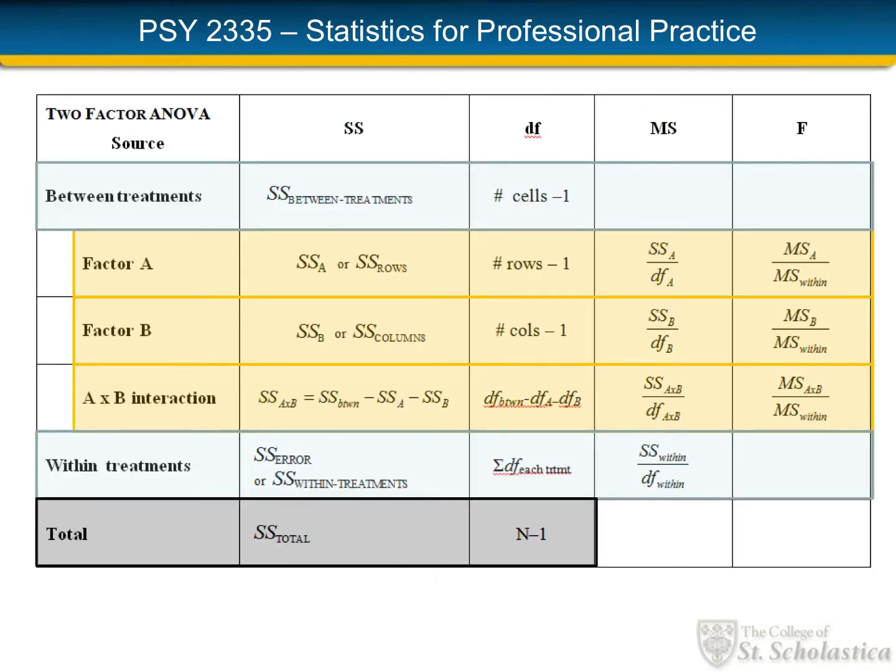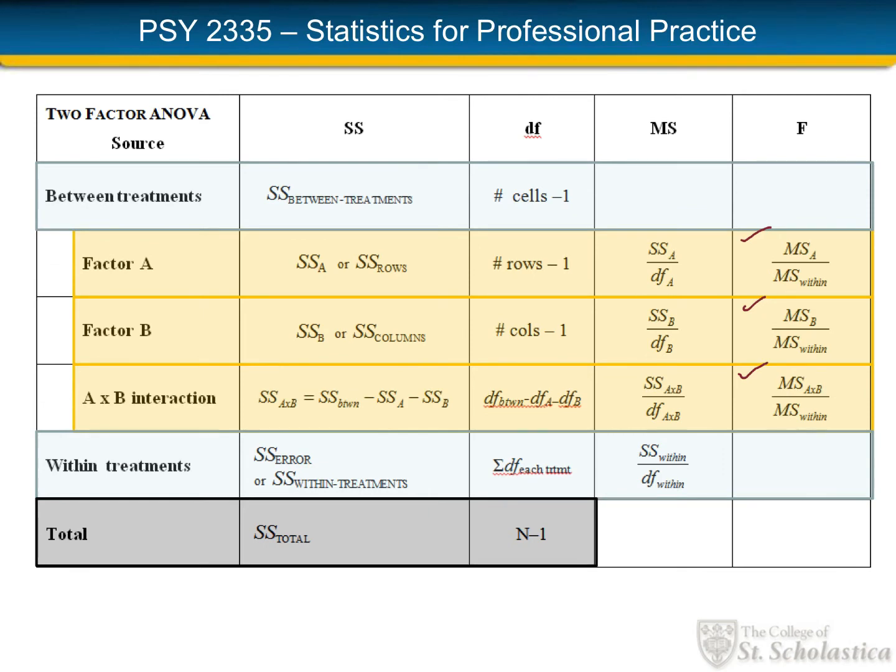This rather daunting looking slide shows us how we eventually arrive at our 3 F tests. One of them is looking at the row variable, in this case our treatment groups. One of them is looking at our column variable, in this hypothetical case our age groups, and a third one at the interaction.